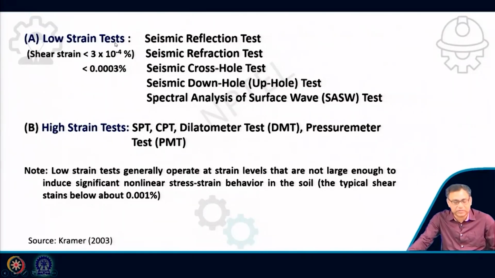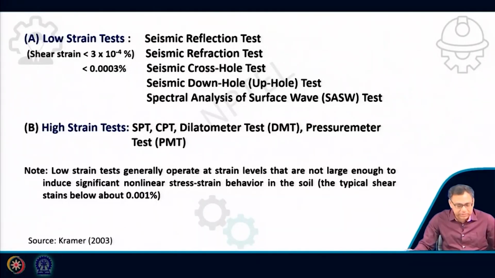The low strain tests are the seismic reflection test, seismic refraction test, seismic crosshole test, seismic downhole test, and spectral analysis of surface wave test. I will discuss these five tests, where the shear strain is less than 0.0003%, and the low strain limit is 0.001%, so it is in the low strain range.